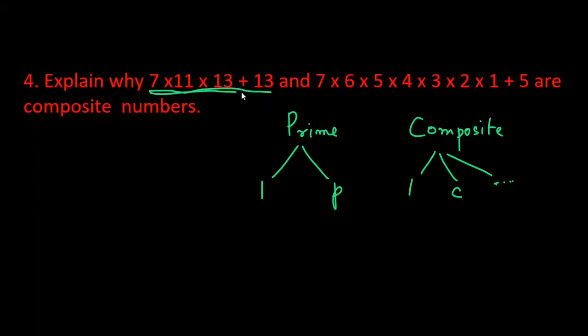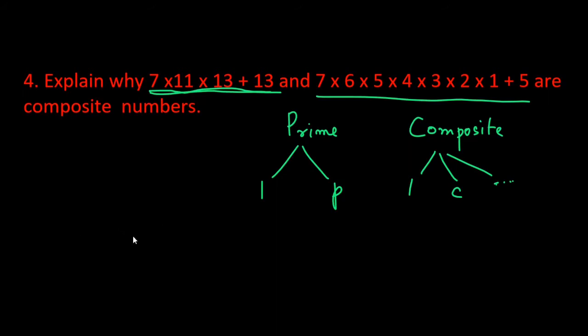We are given with some expression giving a number. Here also we are given with some expression giving a number. Let us manipulate them and write as a product of some numbers, product of either composite numbers or prime numbers. If we are able to write it as a product of composite or prime numbers, that is a composite number.